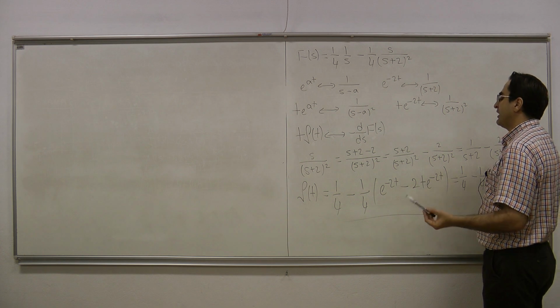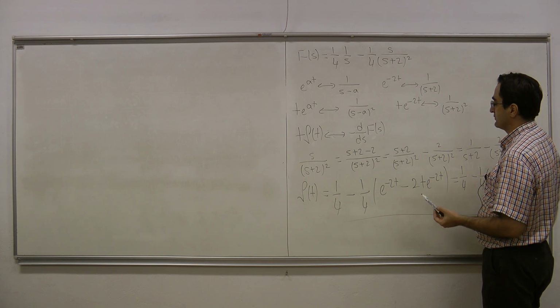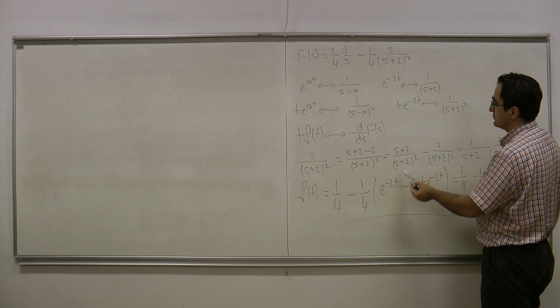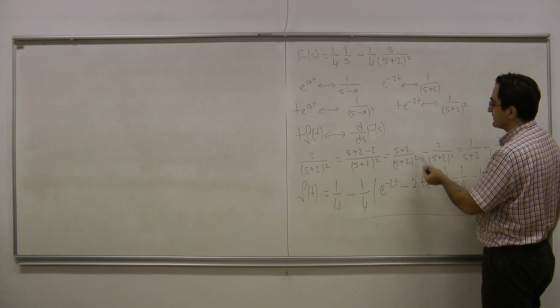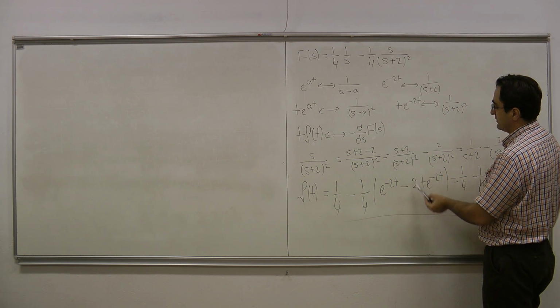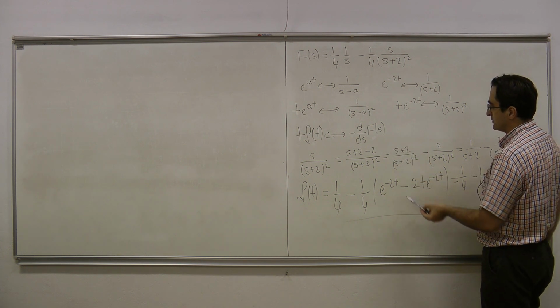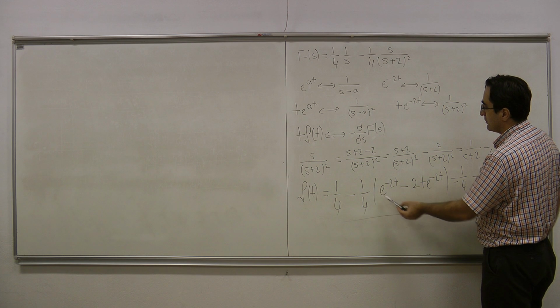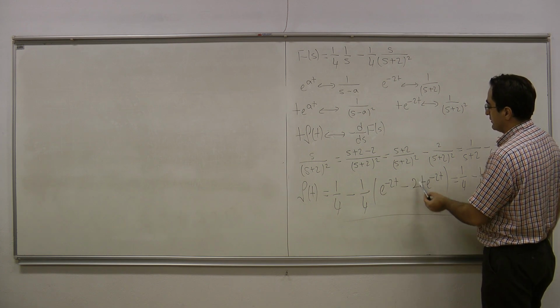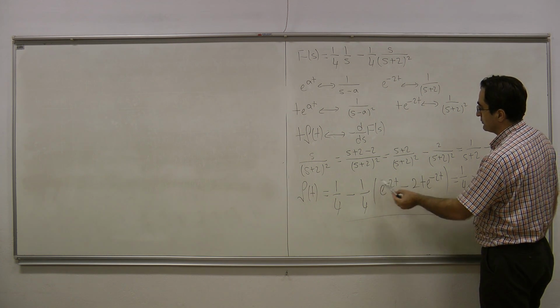Okay? This always happens in Laplace transforms. If you have a second order term, you can sometimes get only this term, or sometimes, depending on the numerator here, you might also get the expression here without t's.